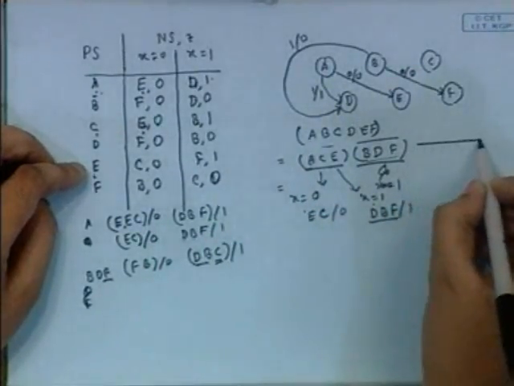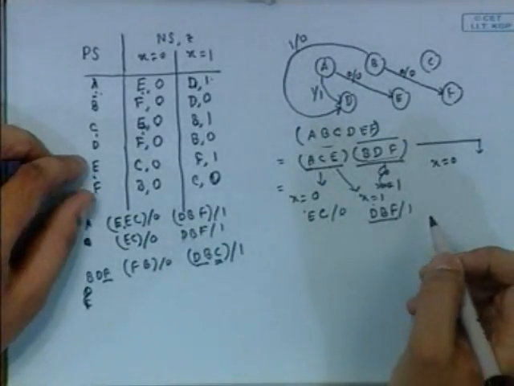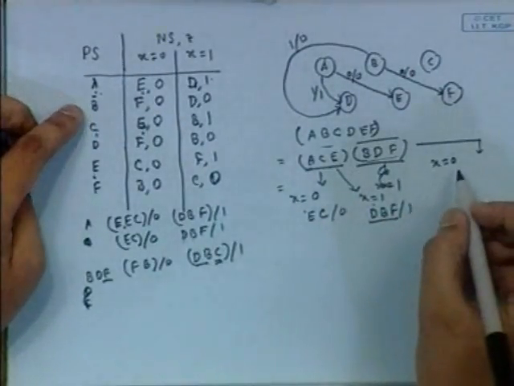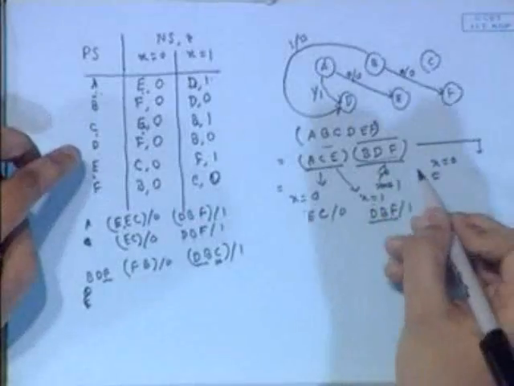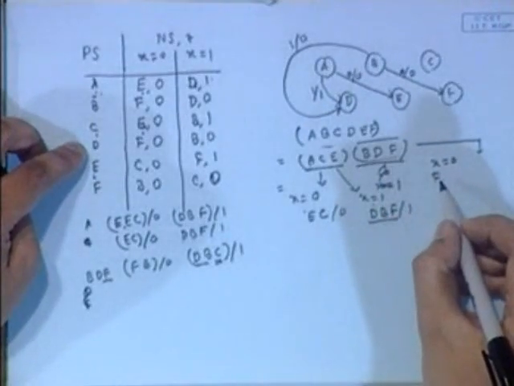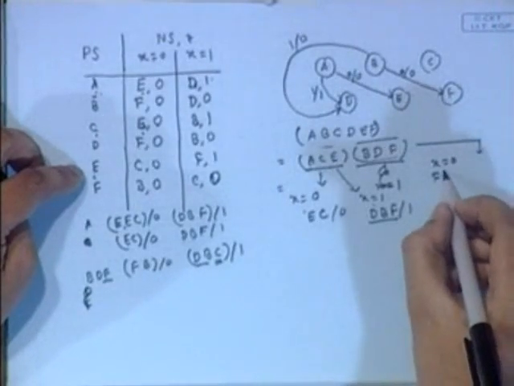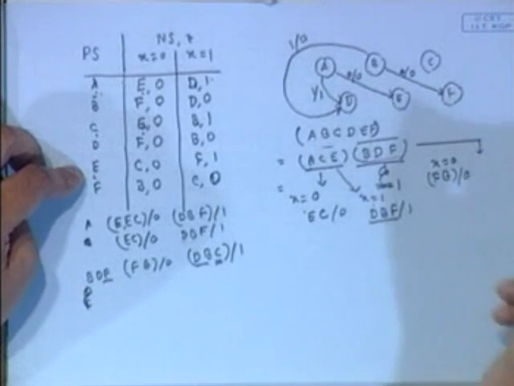But for B, D and F, if we apply x equal to 0 input, where will it go? For B it will go to F. For D it will go again to F, and for F it will go to B, with the output of 0.